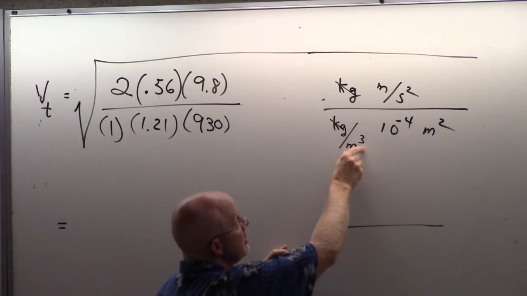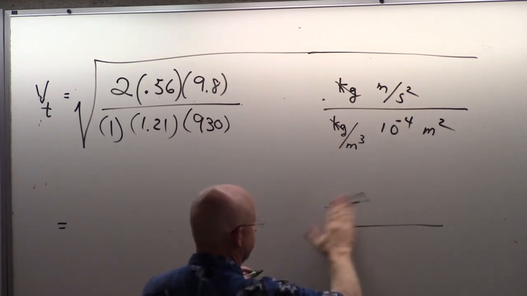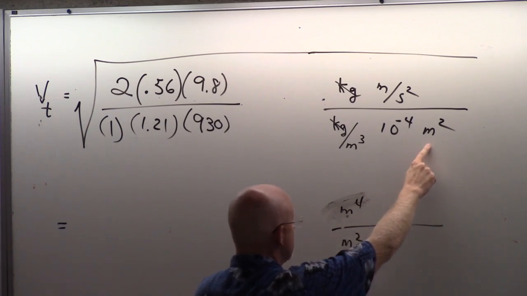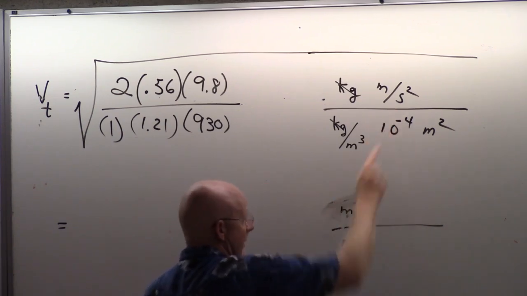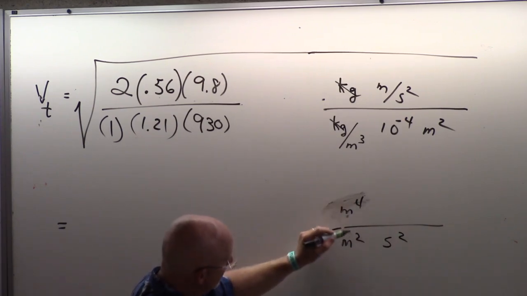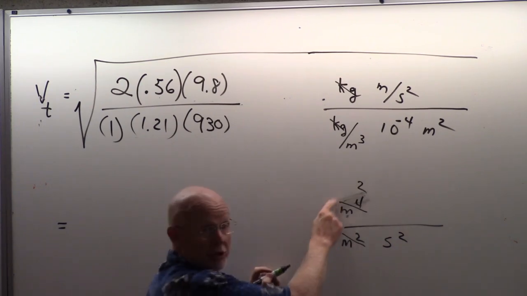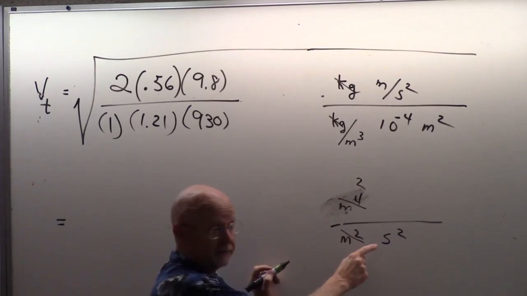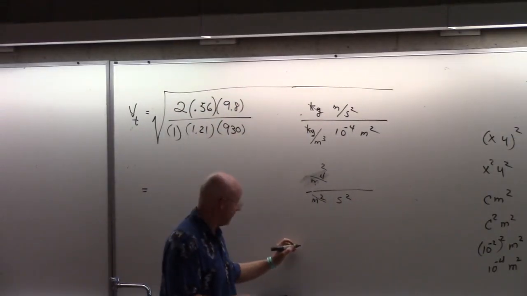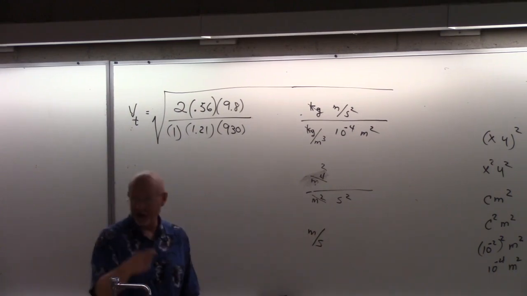The cubic meter would go to the top and make meter to the fourth, and meter squared down here, and then this would be second squared. Two of these would cancel off, and so you would have meters squared over second squared. So then when you take the square root, you're going to get just meters per second. There's our unit analysis, right?